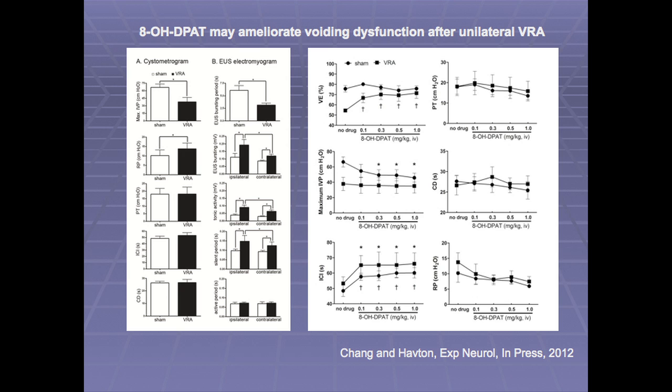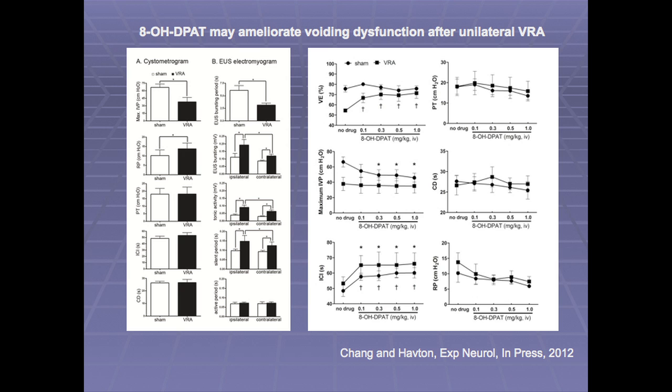This particular drug acts on receptors that are normally acted on by a brain or spinal cord chemical called serotonin. What we were able to find is that the voiding efficiency, the injury-induced problem that we were finding after the injury alone, could be reversed with this drug intervention.